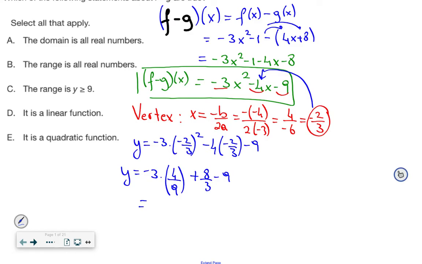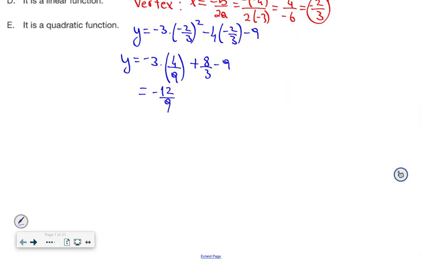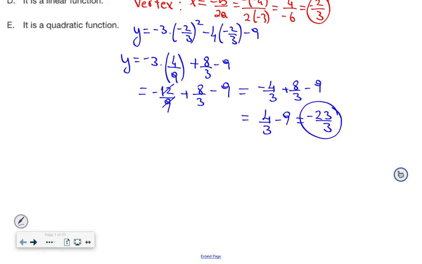If you distribute, you will get negative 12 over 9 plus 8 over 3 minus 9. If you simplify, you will get negative 4 over 3 plus 8 over 3 minus 9. Then you will get 4 over 3 minus 9. Then you will get 9 times that is negative 27, negative 23 over 3. This is the y coordinate. So the vertex is negative 2 over 3 x coordinate, negative 23 over 3 is y coordinate.